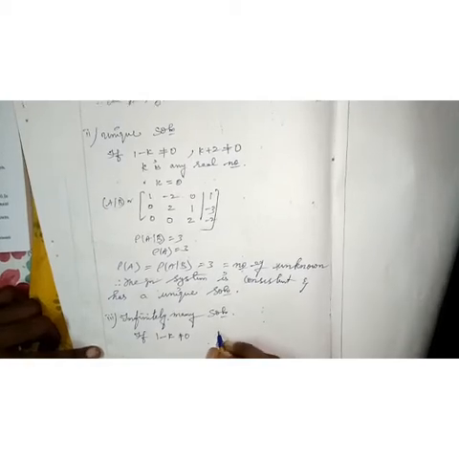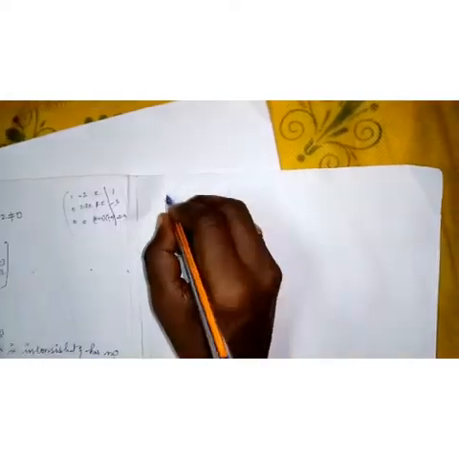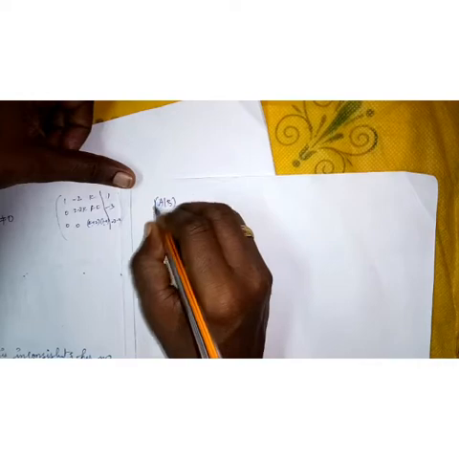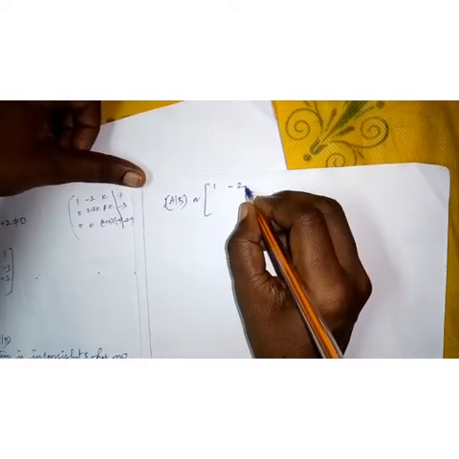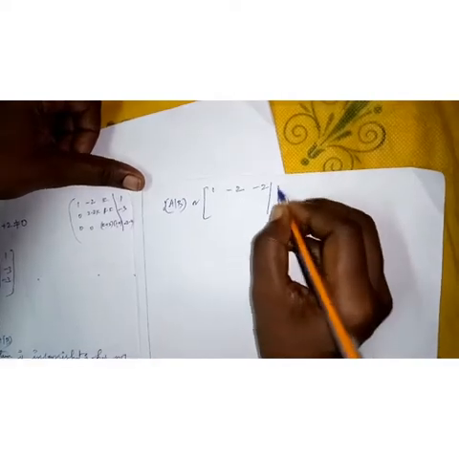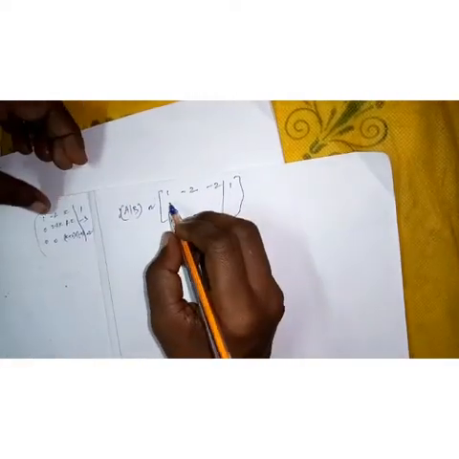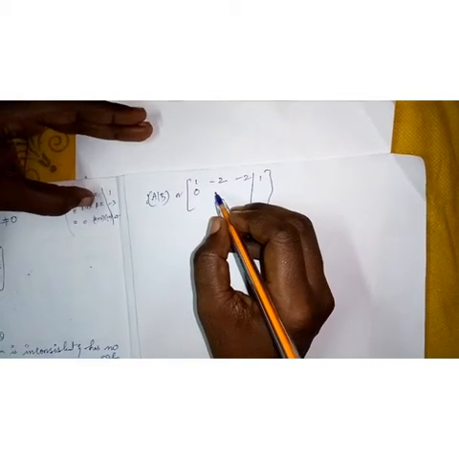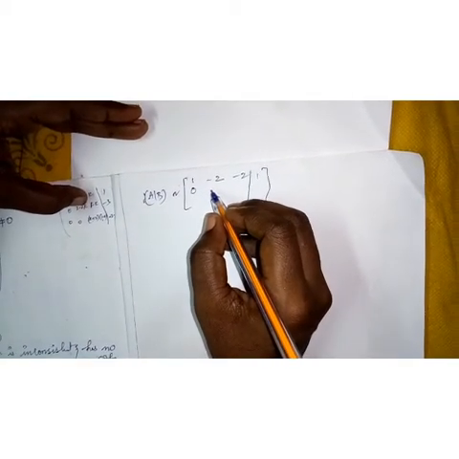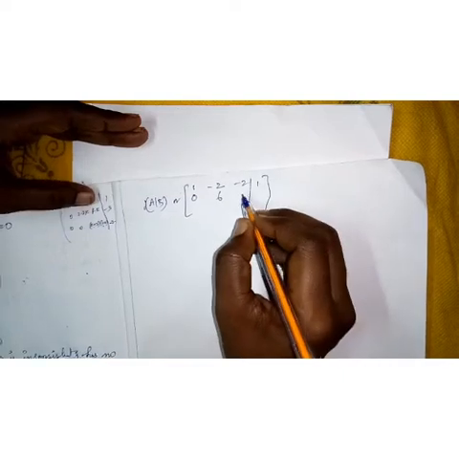But shall I give k equal to minus 2, k plus 2 equal to 0? Apply here. What will come? A bar b: 1 minus 2, 2 is there, minus 2, no? So minus 2, 1. Then here 0, minus 2 means it will come plus 4 plus 2 is 6.